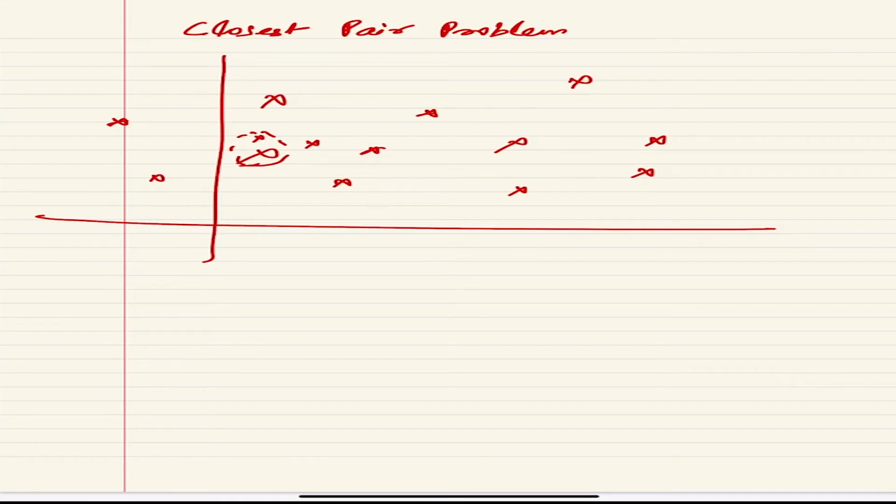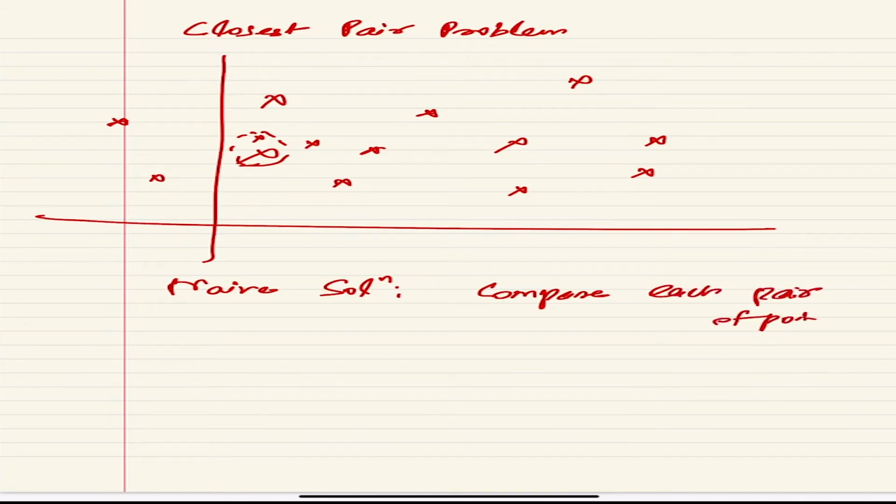If you think about it, without even specifying the problem, what is the naive algorithm you can find? You will say, okay, compare each pair of points and find the smallest distance. You can compute something like the Euclidean distance, and see which pair has the smallest distance.